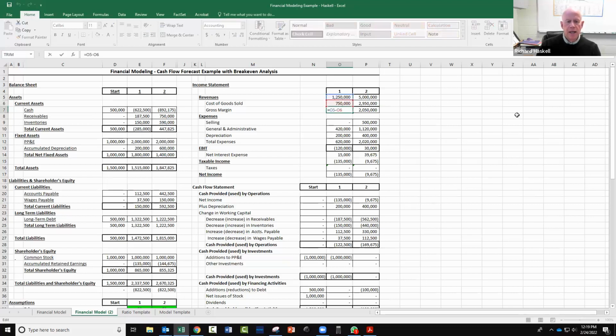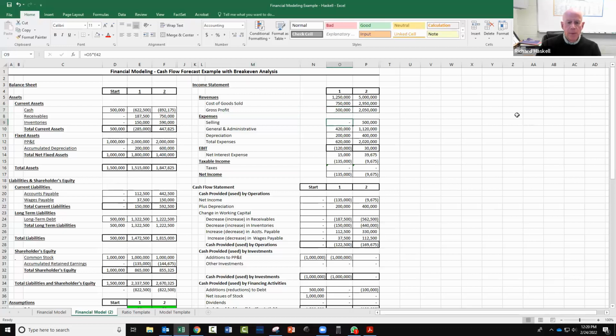And then I have a subtotal that is the gross margin. This is more accurately stated as gross profit, by the way. So I'm going to change this. Margin should be the percentage of gross profit as a percentage of revenue.